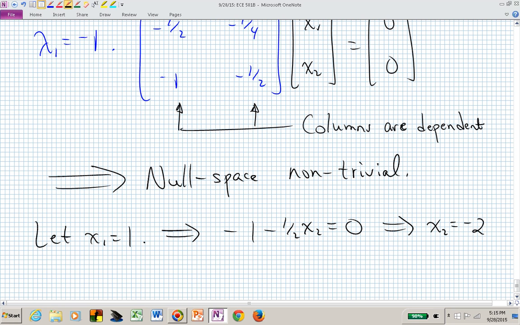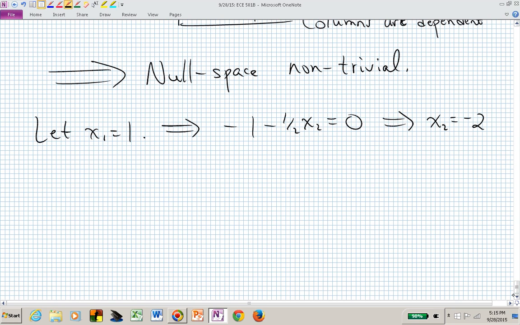Minus 2. And that will now make that equation true, meaning the eigenvector associated with the eigenvalue of minus 1 is now 1, minus 2. And that's not the same eigenvector that we had in A1 or A2.